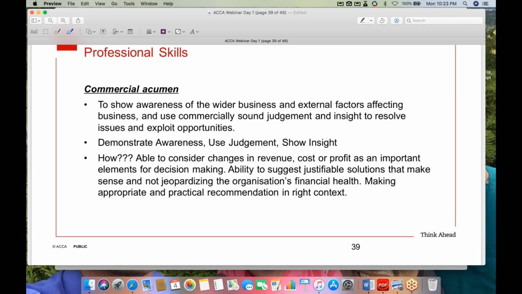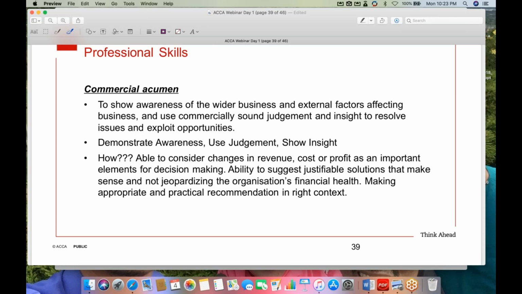Let's say you have analyzed the position of that particular company, and you find that they don't have much cash and they have lots of debts. If you were to suggest something, make sure it meets that situation.